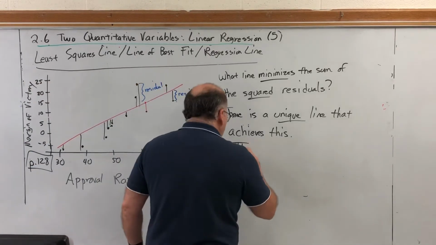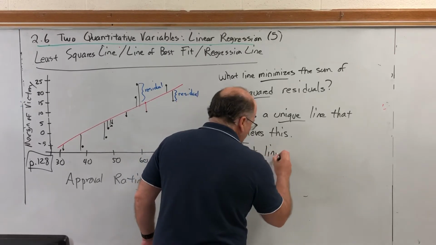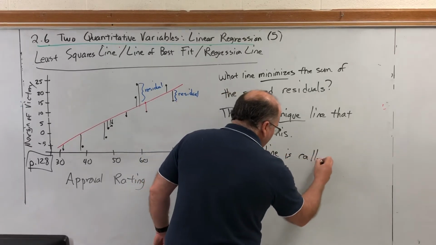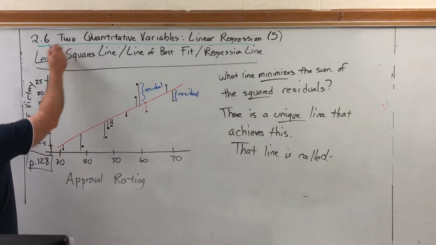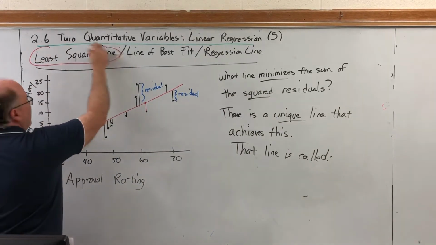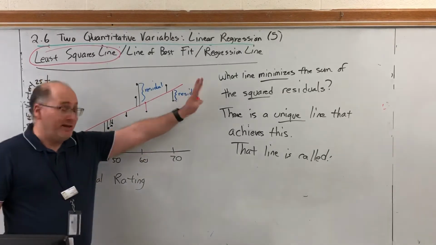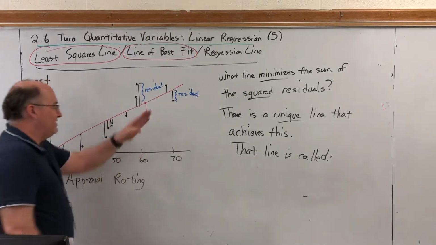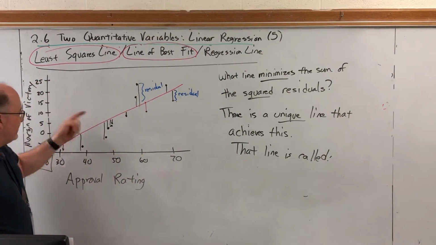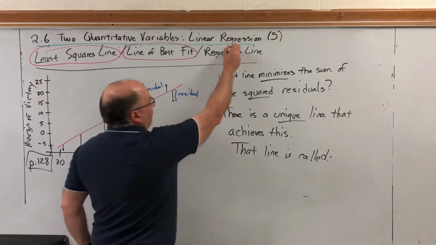That line is called, well, it's called any of these things up here. The least squares line, and now that name makes a little bit more sense. The line of best fit, because it best fits the scatter plot, and it's also called the regression line.